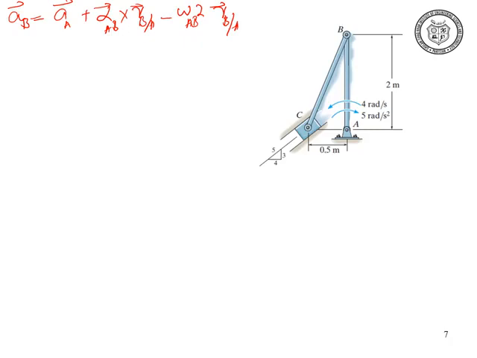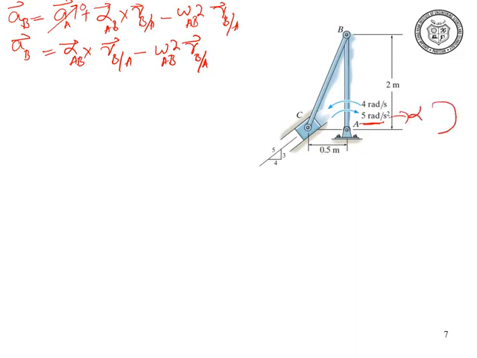We write the acceleration equation for the particle B with respect to the particle A, and as the particle A is fixed, its acceleration is 0, so this term will be equal to 0. Now the acceleration of the particle B becomes alpha AB cross RB with respect to A minus omega AB square RB with respect to A. It is given that this is 5 radian per second square, which is basically the angular acceleration alpha.